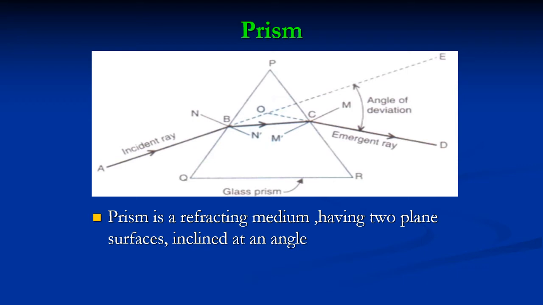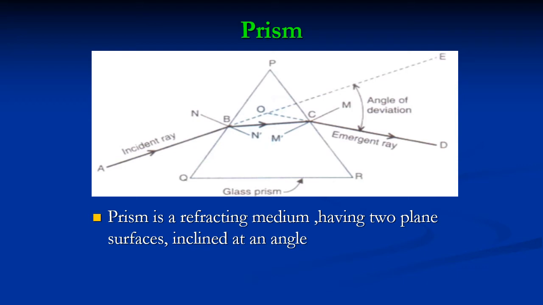But if we put the two glass plates at an inclined angle, they will form a wedge. This is called a prism, which is a refracting medium having two plane surfaces inclined at an angle. So there is an incident ray and an emergent ray.